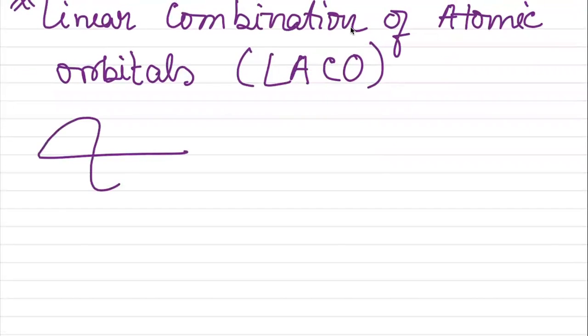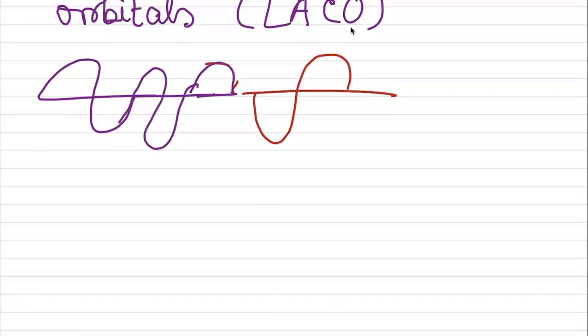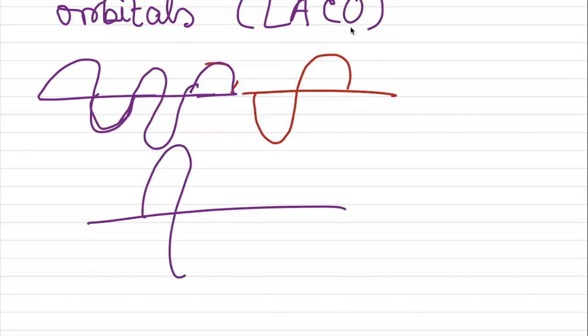Suppose this is the wave function for one atom, and this is the wave function for another atom. When these two combine, then after the combination, the wave function becomes big.